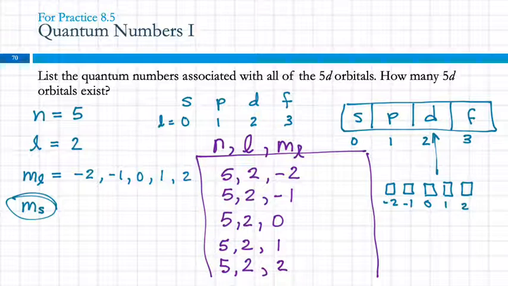So it's a different pattern, but it's the same idea. So that's more m sub s, right? m sub s is going to be either plus 1/2 or minus 1/2. Because unlike seats in the stadium, these are beds in the hotel, and each bed can have 2 people in it, 2 electrons.